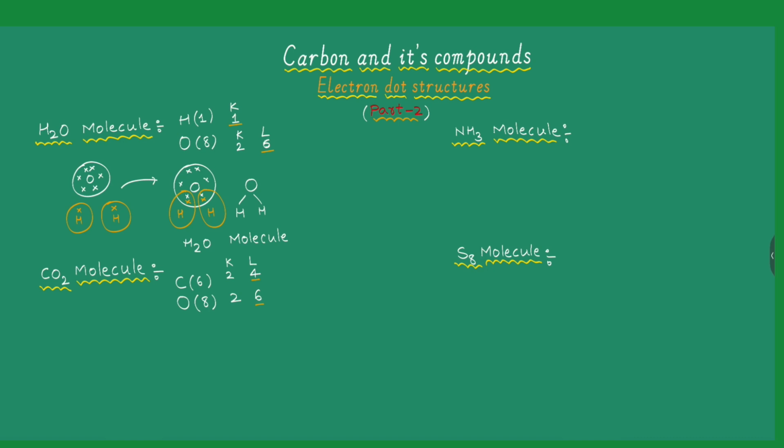Now these two atoms also try to attain their nearest noble gas configuration. So how do they attain it? One carbon with 4 valence electrons will be there in the middle, with 2 oxygen atoms, each with 6 valence electrons.